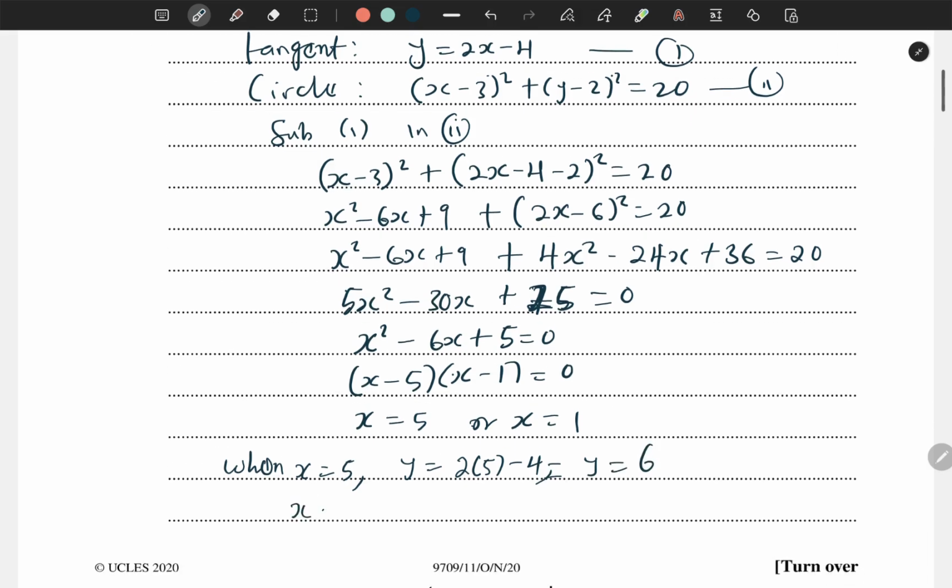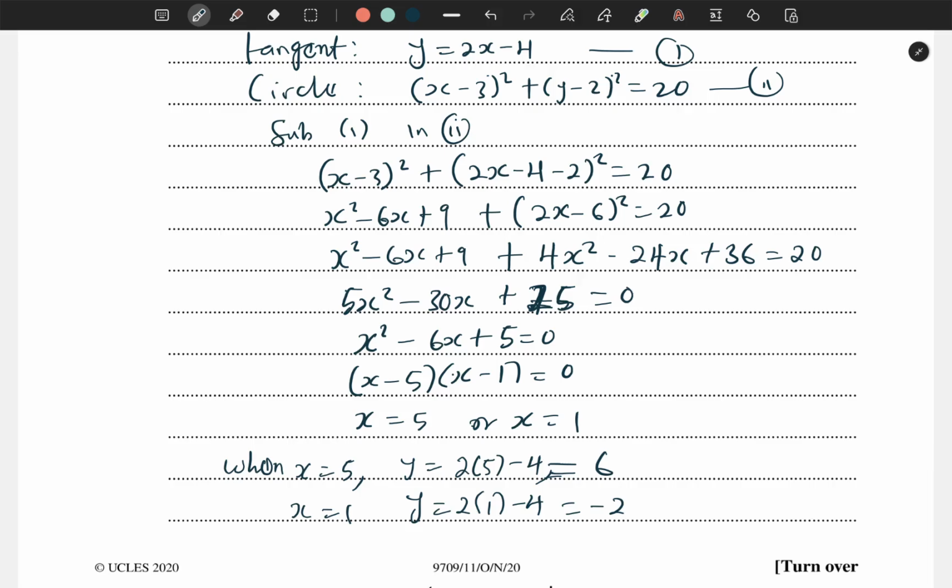And the second one, when x is 1, you have y to be 2 times 1 minus 4, so the y here will give us minus 2 now. Okay, so that is that.